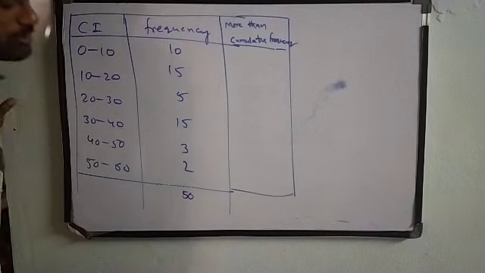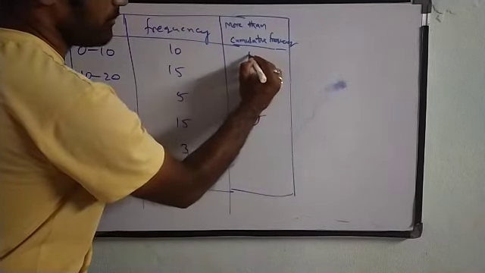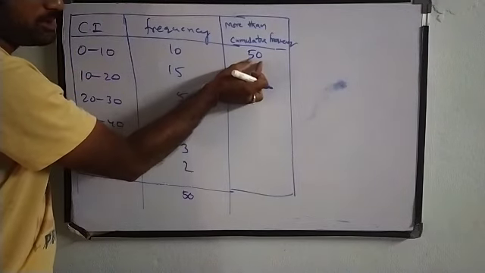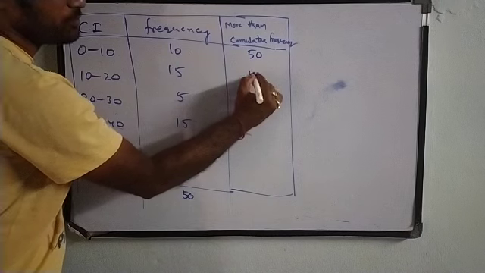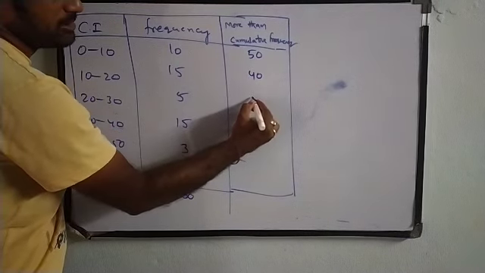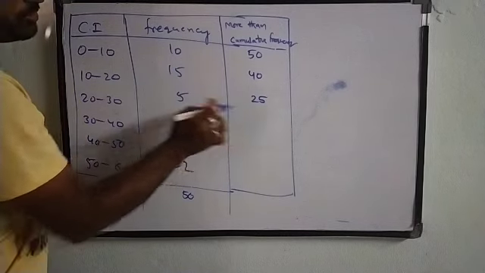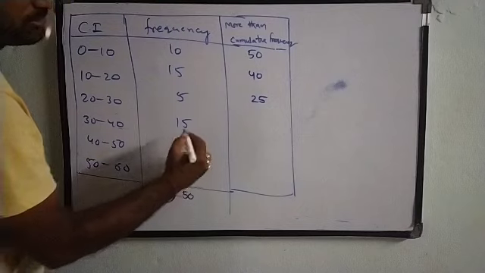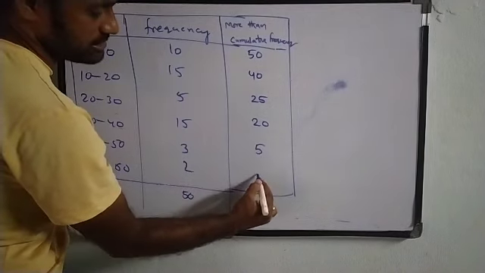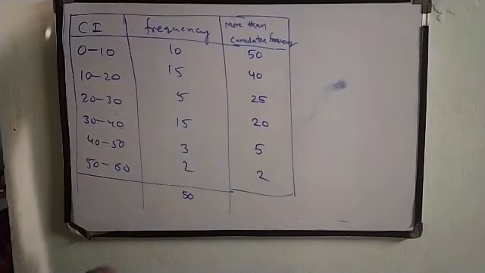The addition of all these frequencies is 50. Let us write 50 as it is. Now we need to do subtraction. 50 minus 10 is 40. 40 minus 15 is 25. 25 minus 5 is 20. 20 minus 15 is 5. 5 minus 3 is 2. These are the more than cumulative frequencies.